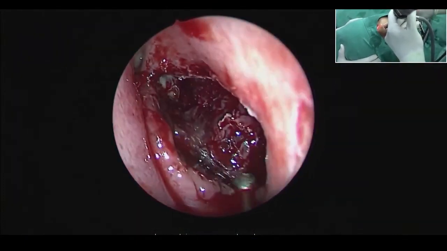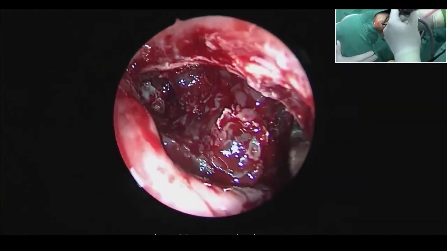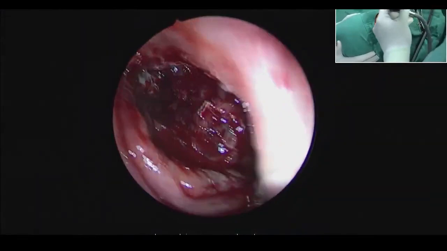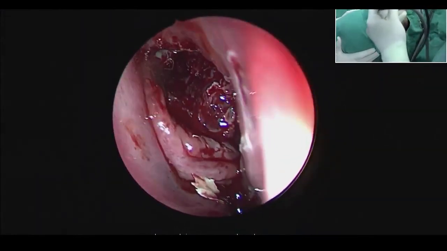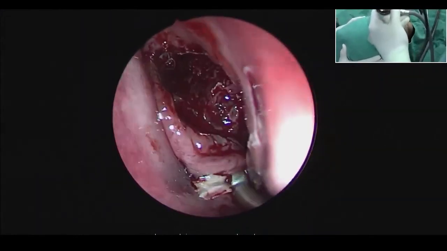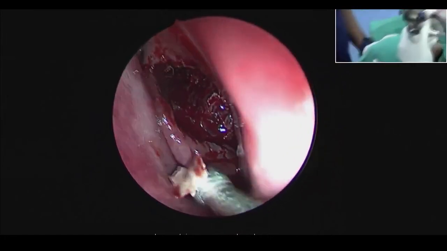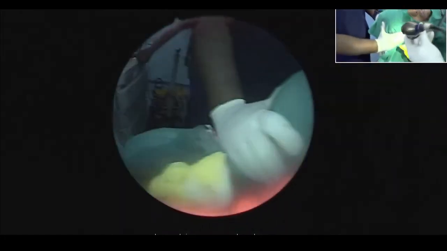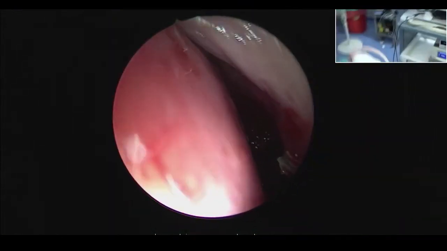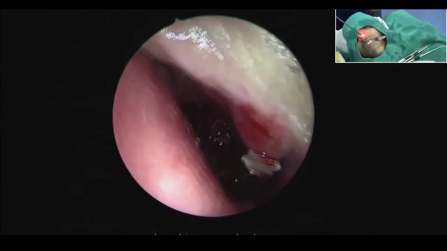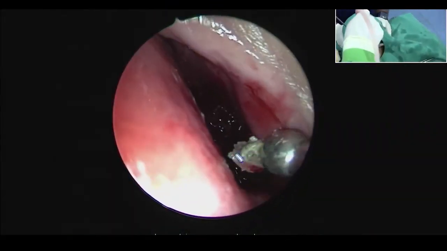Now, let me show you how to introduce the instrument and how to introduce the telescope together. First introduce your telescope.